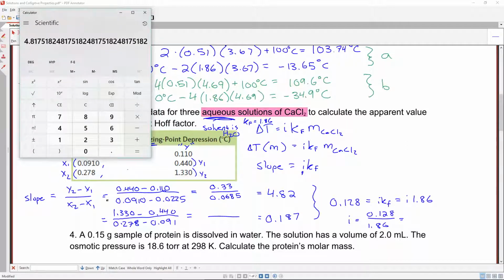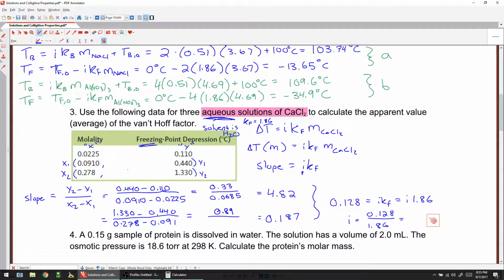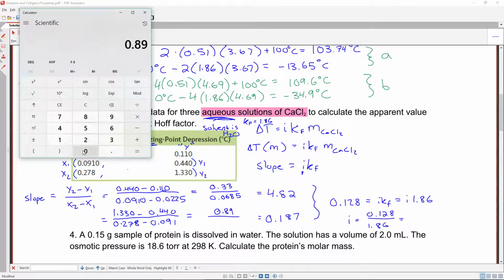Okay, so let's redo this then. 1.33 minus 0.44 is 0.89. 0.278 minus 0.091 is equal to, oh, I didn't even check if that was correctly inputted. 0.278 minus 0.091.